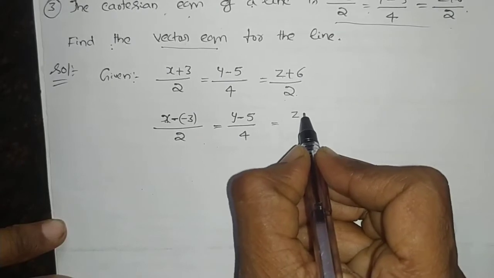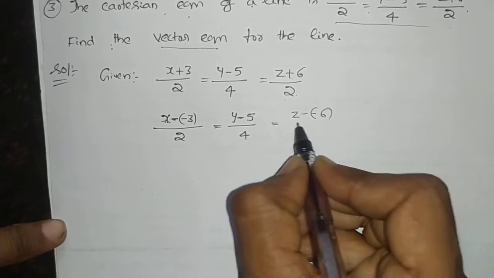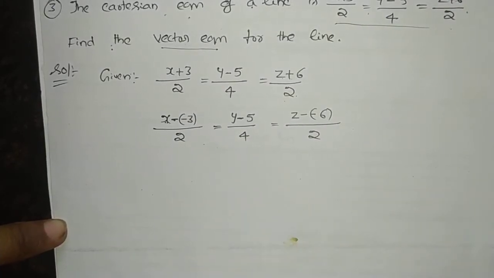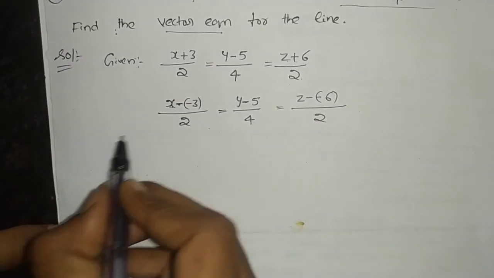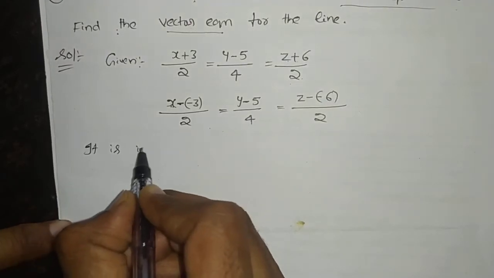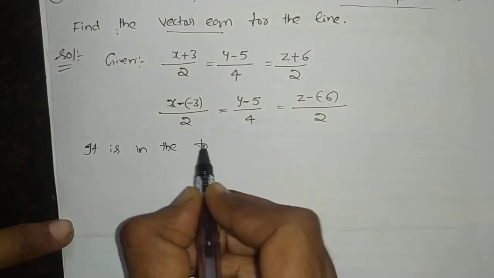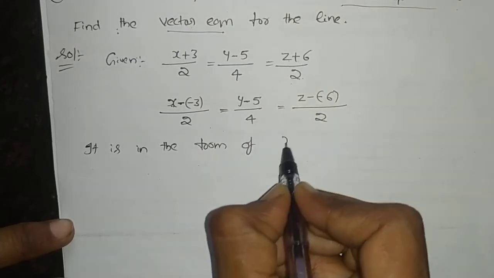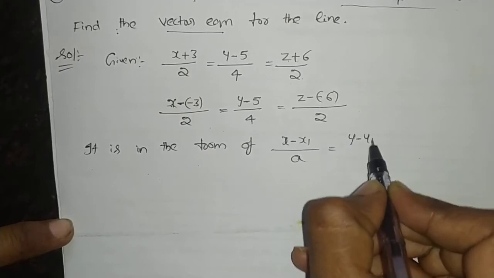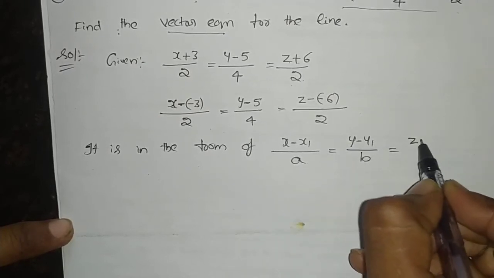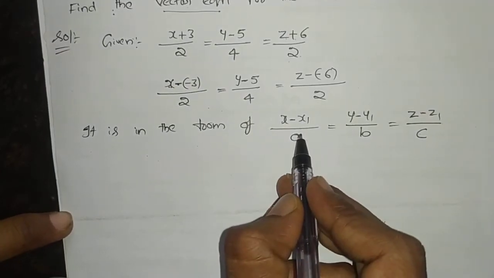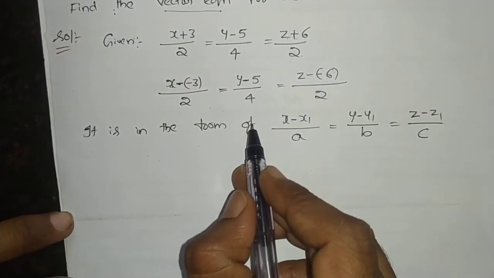We have to rearrange like that: z minus of minus 6, divided by 2. It is the arrangement of the equation. It is in the form of (x minus x1) by a, (y minus y1) by b, (z minus z1) by c. I already told you this equation in the note point itself.